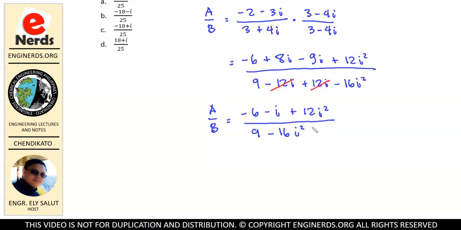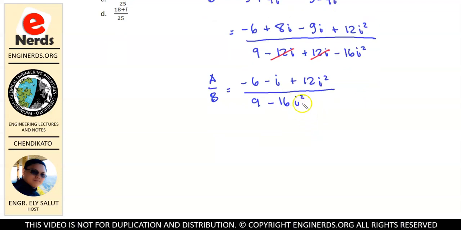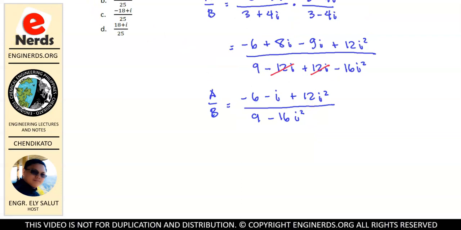But we have to recall yung value ng ating i, no, which is an imaginary number. Okay, so we have to recall yung mga values na. I'm going to write that dito sa left side, ano, para ma-recall natin. Anyway, this is a review, no, a refresher, kaya maganda na maalala natin ito. So, for i raised to 1, this is equal to i.